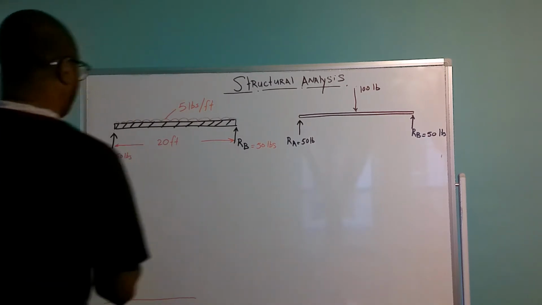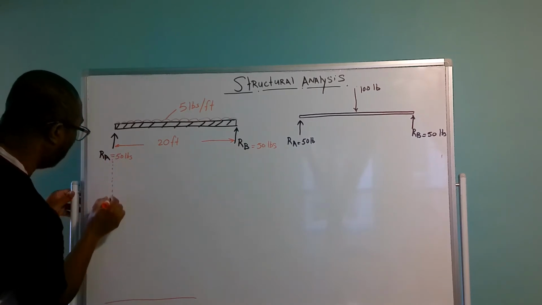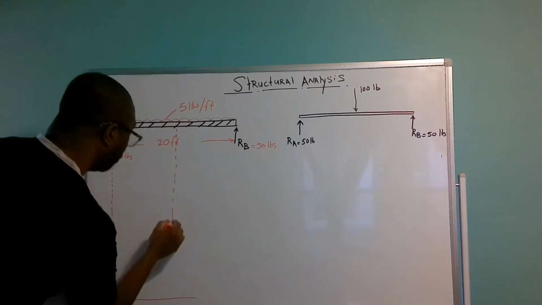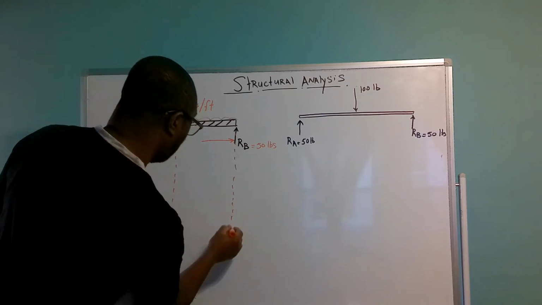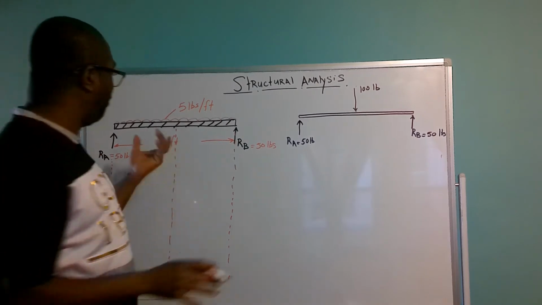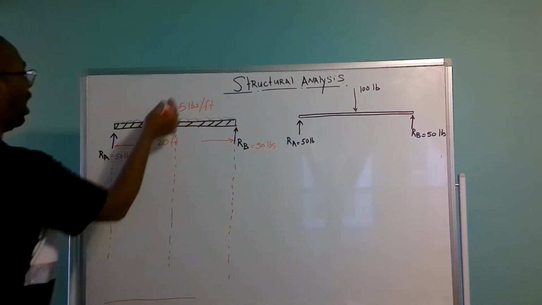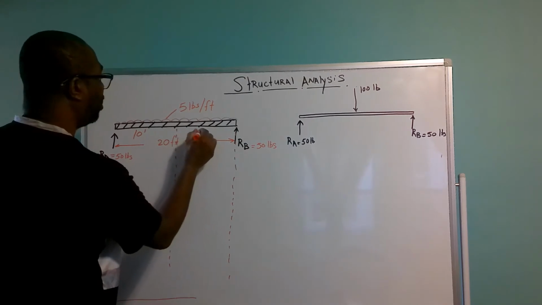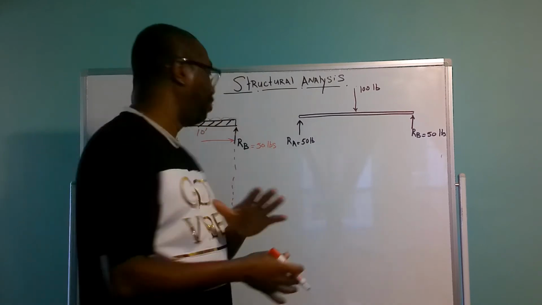So to draw the bending moment diagram and our shear force diagram, of course, if this beam spans 20 feet, we know that halfway along the beam, we're going to have 10 feet here and 10 feet here. Similarly, in the previous example, we have L over 2.